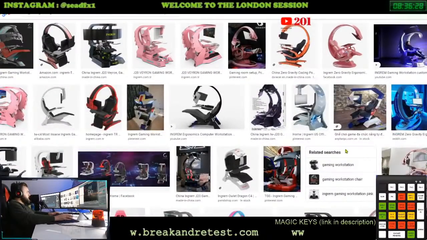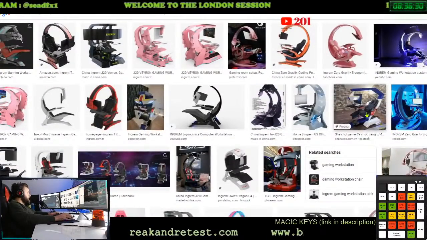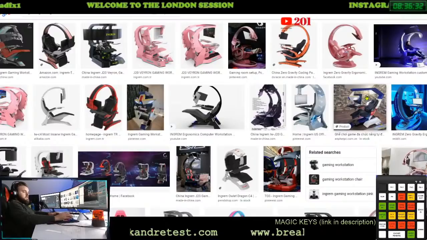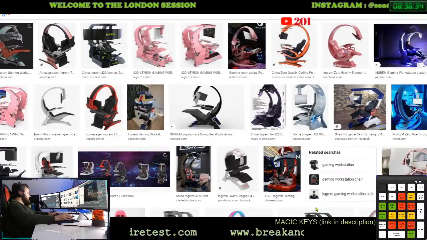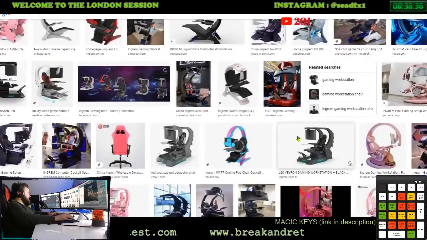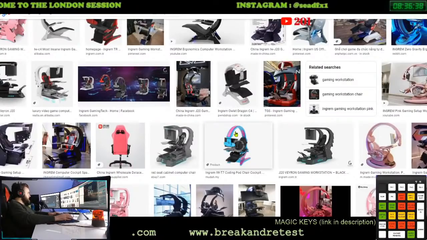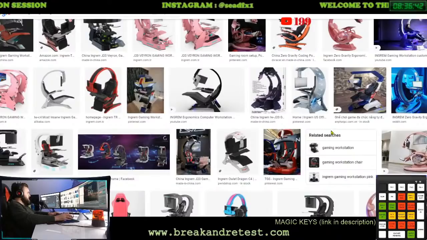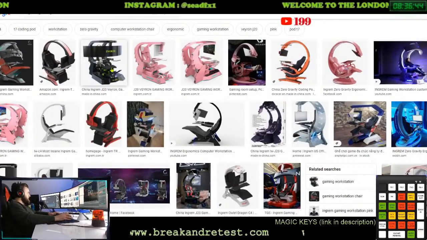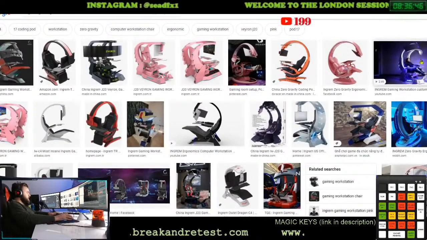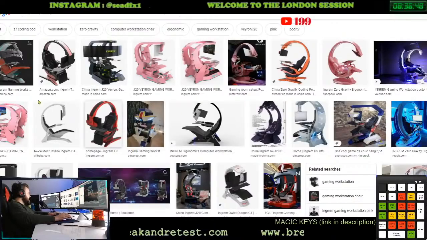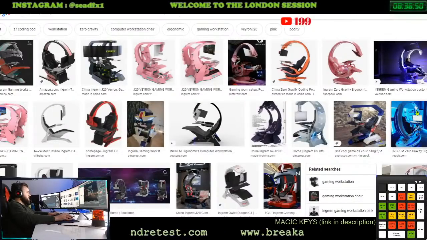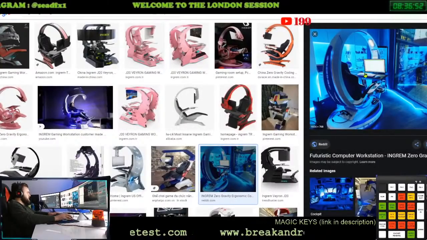I was looking at this, and I think this is going to be my next thing to buy. This is going to be my next thing to buy because this is awesome. Like I will put my 49-inch there, and imagine how good this would be.